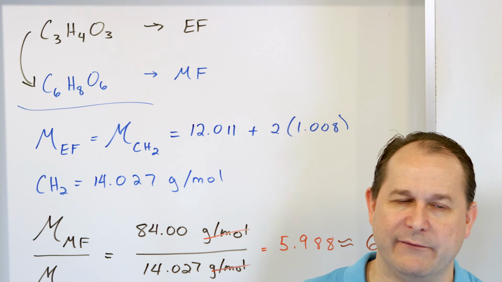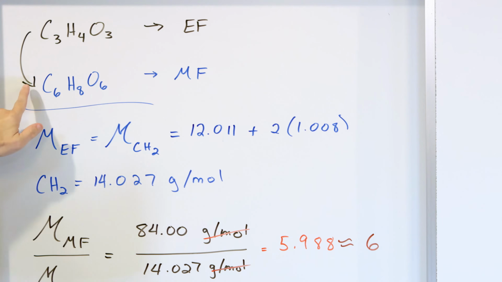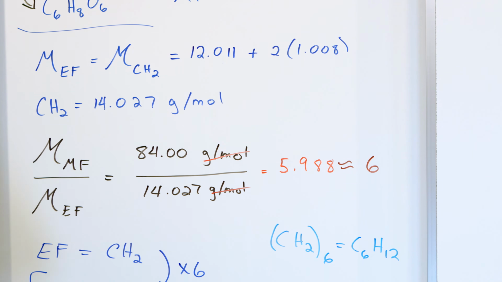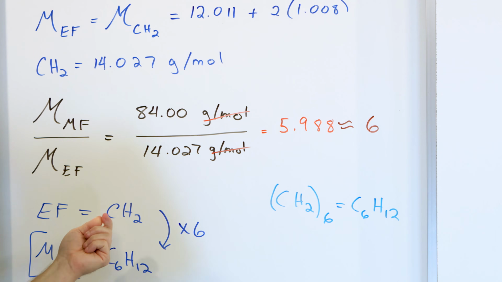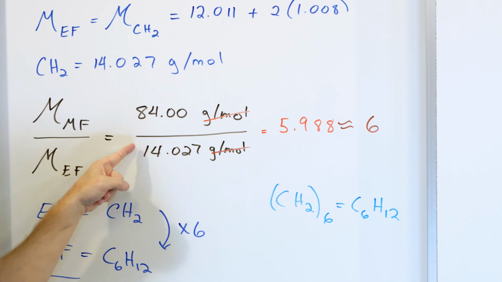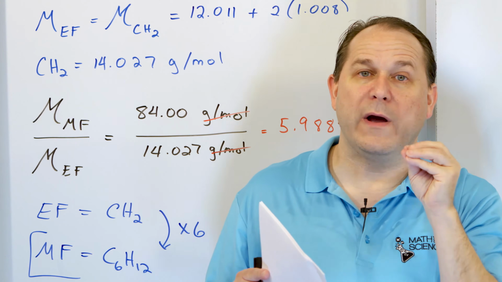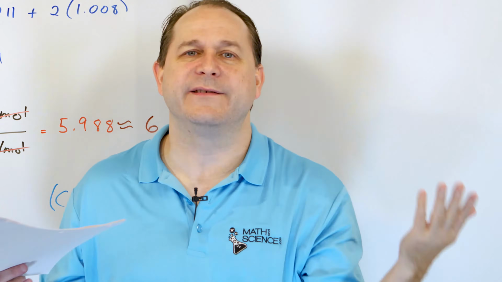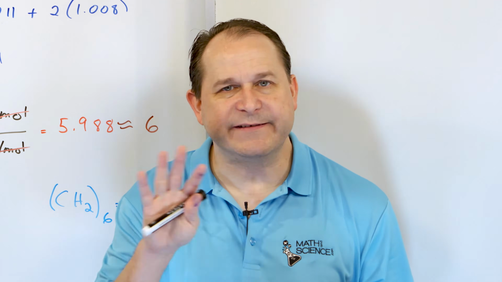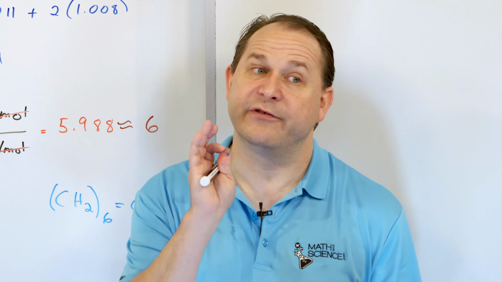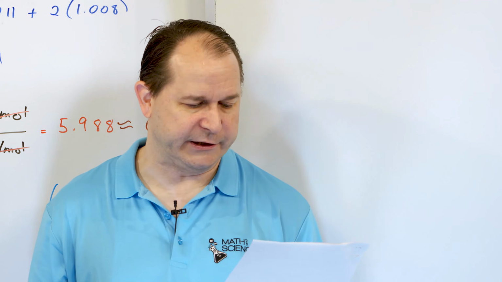It's not a multiple of it, but sometimes there's a multiple involved. In this case, the multiple was multiplying times 2, right? To get from here to here. But when we're given an empirical formula, to go to the molecular formula we have to figure out what multiple to use. In this case, we just take the ratio of the molar masses, because that is one way of figuring out how the two formulas differ from one another. You're going to need some other additional piece of information to go from empirical to molecular.